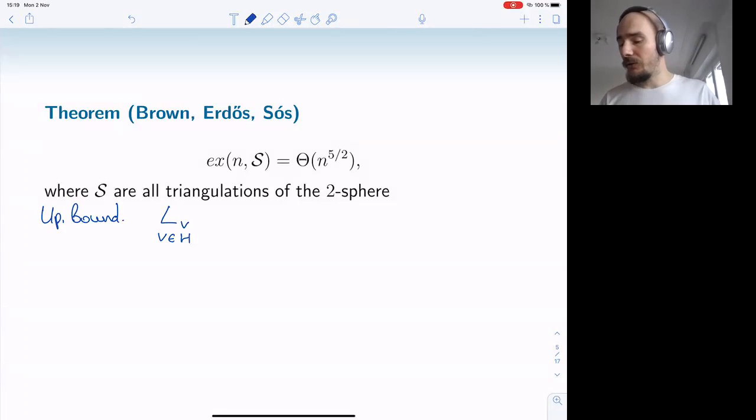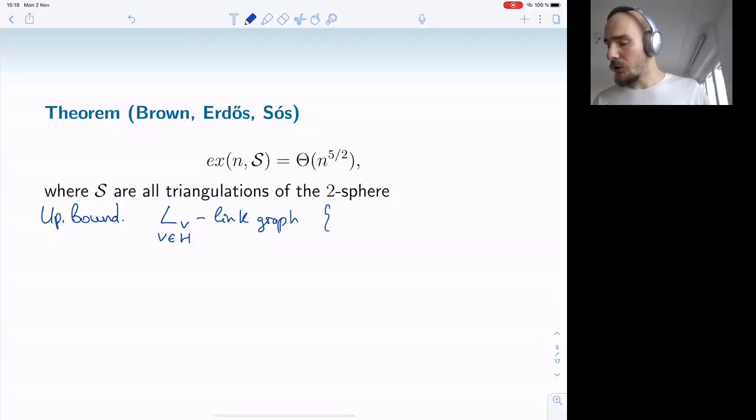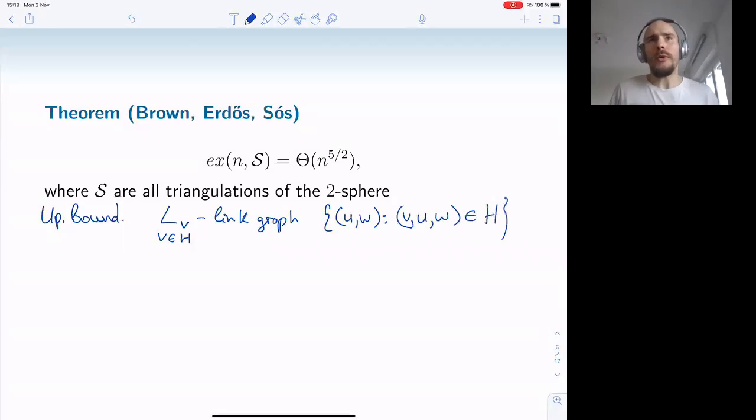So the link graph is all pairs U W such that V U W belongs to our hypergraph. So basically, you look at pairs of vertices that together with our vertex form an edge in our hypergraph.